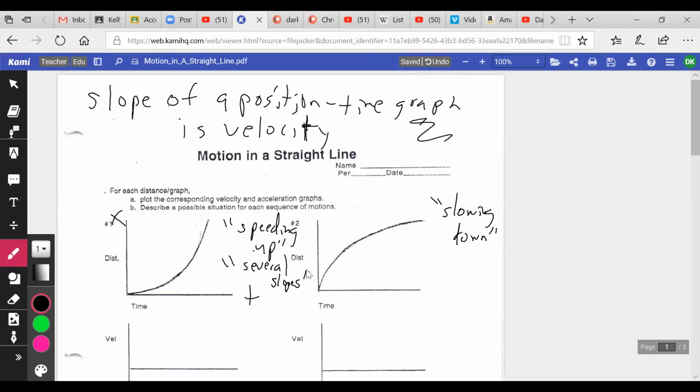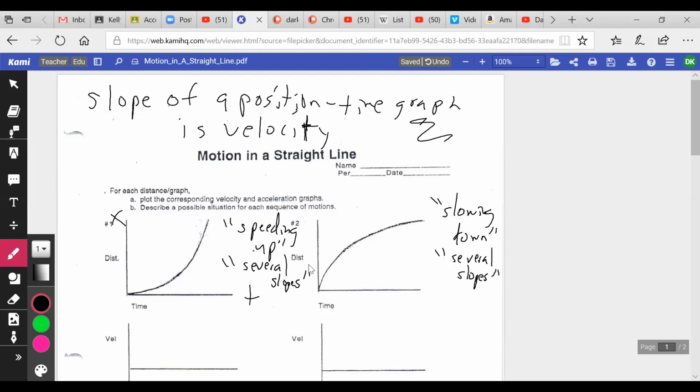But let's keep it as simple as we can. There are several slopes in this type of curve. There are several slopes here as well. Let's mark that for the future. Now, there are several slopes in both of these graphs.